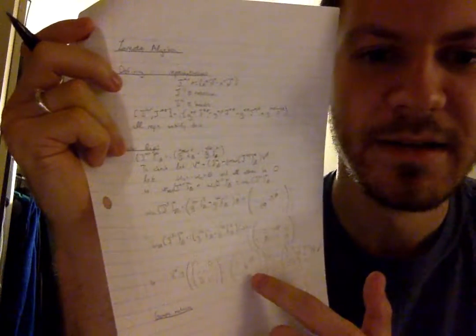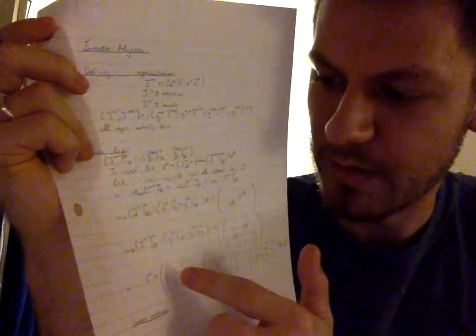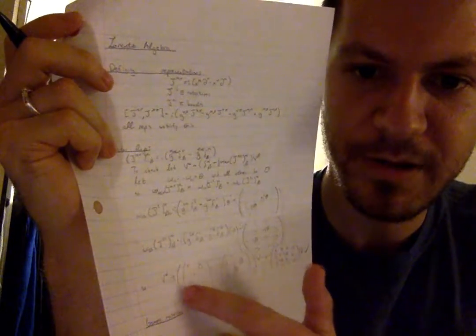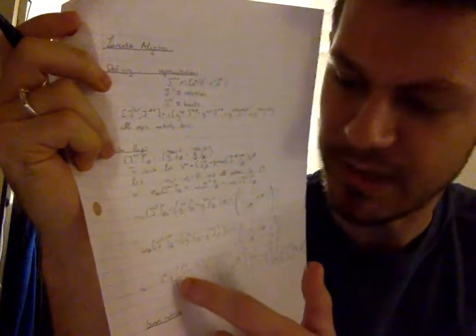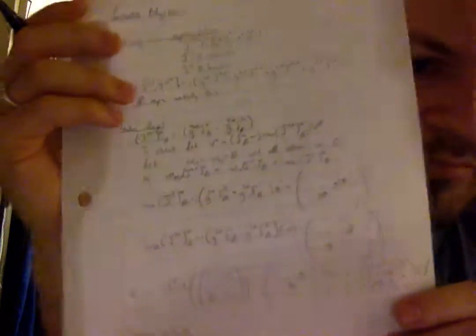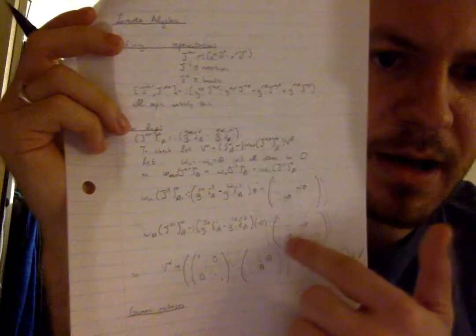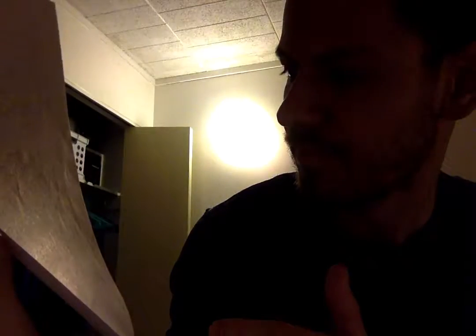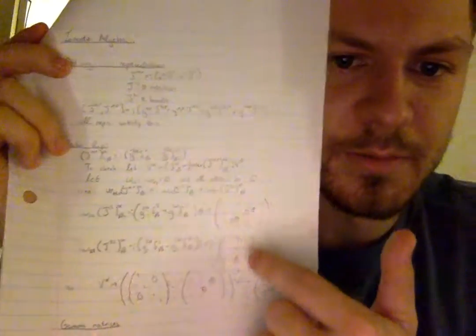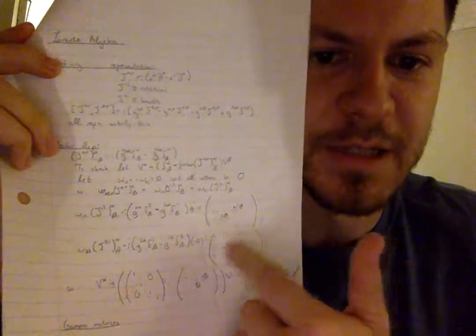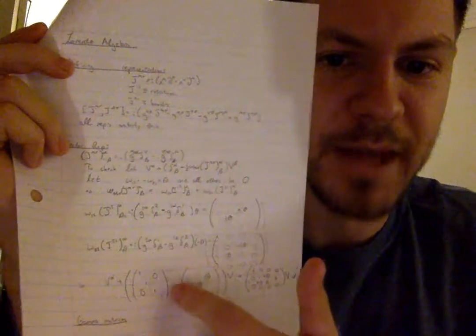And then V^α goes to δ^α_β, which is just the identity matrix, which I've written there, and then minus the sum of these two matrices. They're both times i, so flip the sign on each one of these and get rid of the i, and then minus that. And you end up with this matrix.